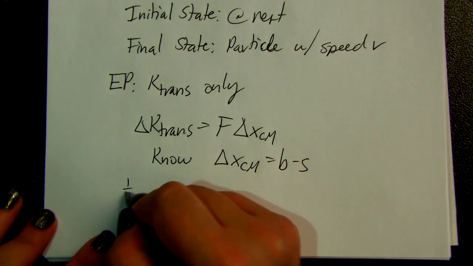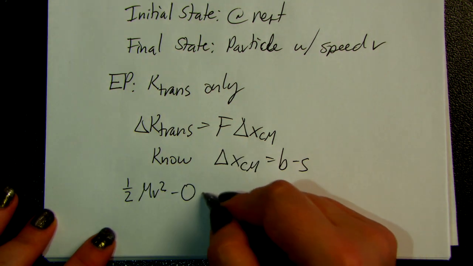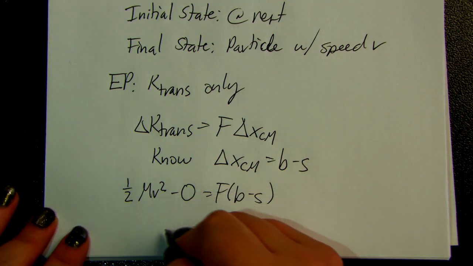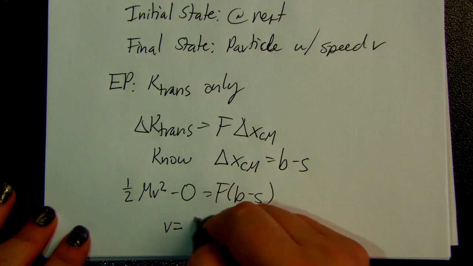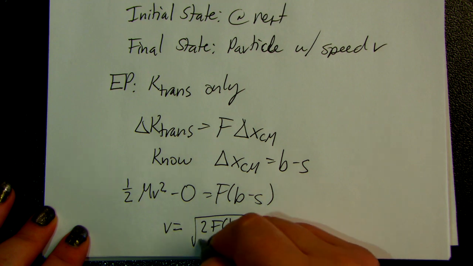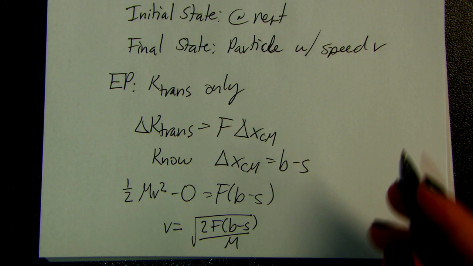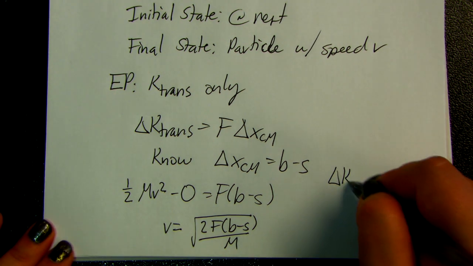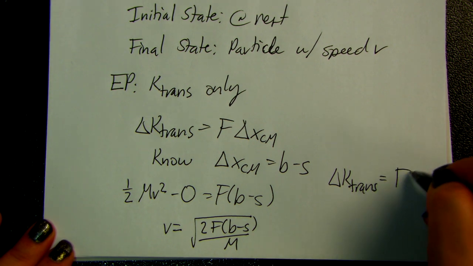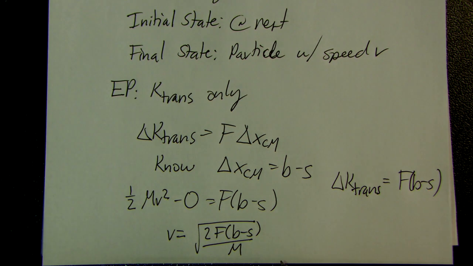So we have 1/2 mv squared minus 0, since it started at rest, is equal to F(b minus s). Velocity is equal to the square root of 2F(b minus s) over m. I'll write this out explicitly: this is equal to F(b minus s). So there's 2 bits of information that we learned from this.